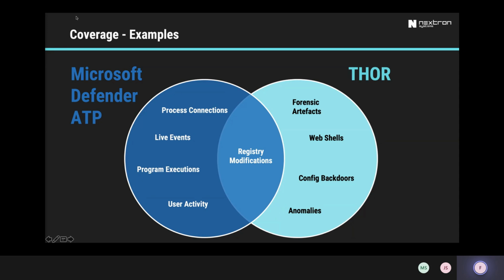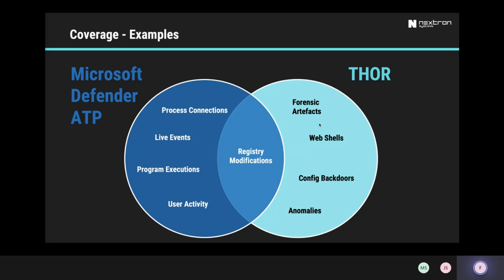Microsoft Defender ATP sees that some malware or attacker tool modifies the registry in real time, and THOR, when it runs, processes all registry hives on disk and analyzes each key and would also find the registry modifications. But as it is a live forensic scanner, it would also detect forensic artifacts. That's the most important part. And the forensic artifacts, things that are left over on the system, like the dump exports.